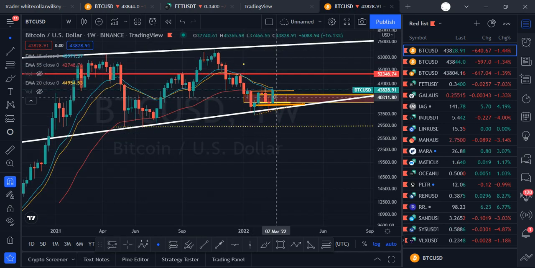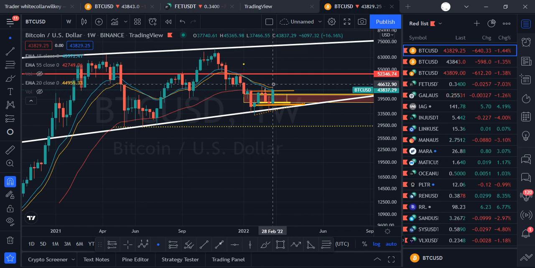Just have a look at the weekly EMAs, really look at them all converging, getting ready to possibly swap over that 55. It's trying to move above that 55 at the moment this week. Hopefully we get a full candle body above that thin red line, and it's starting to look like some pretty good upside potentially.